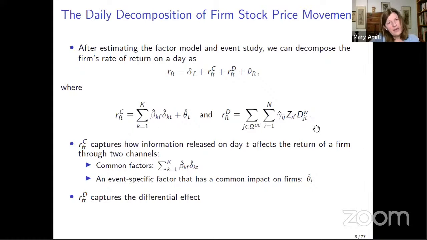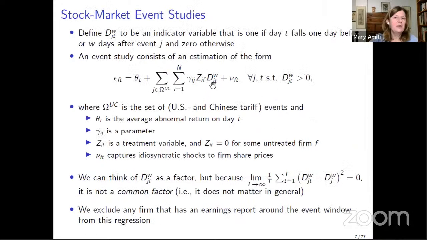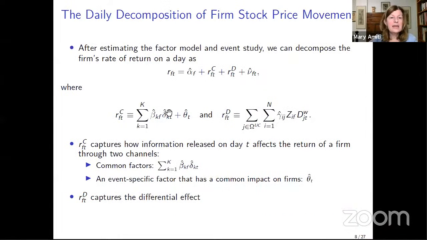And then the differential effect is, again, in the standard way. Going back here, we estimate how the treated firms are affected differentially to the untreated on those days for each event. So that gives us the two components we're interested in, and together RC and RD are the aggregate event effect for each firm.